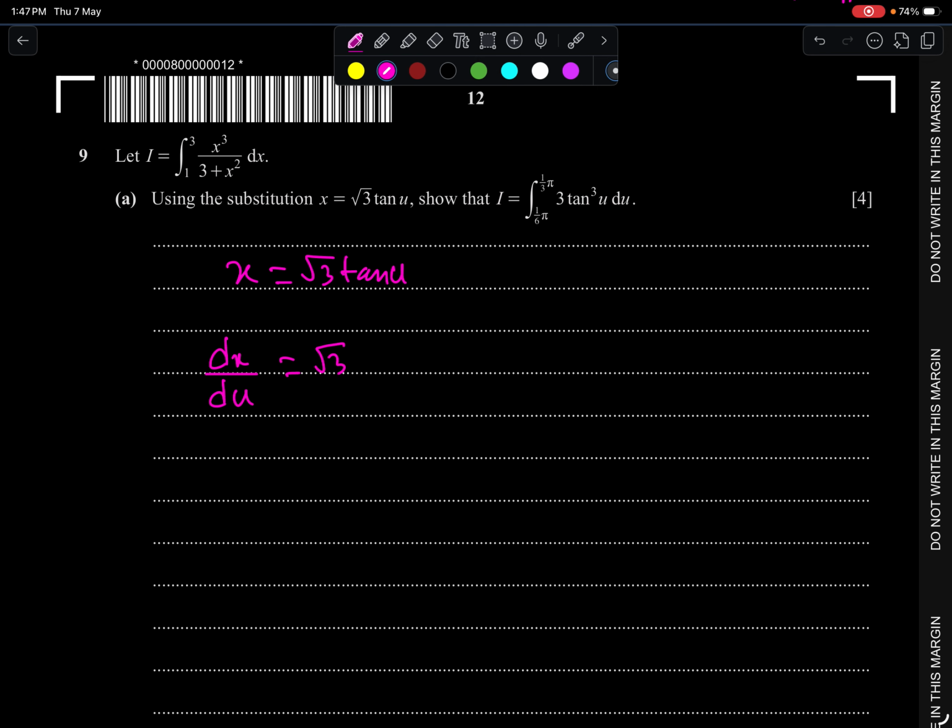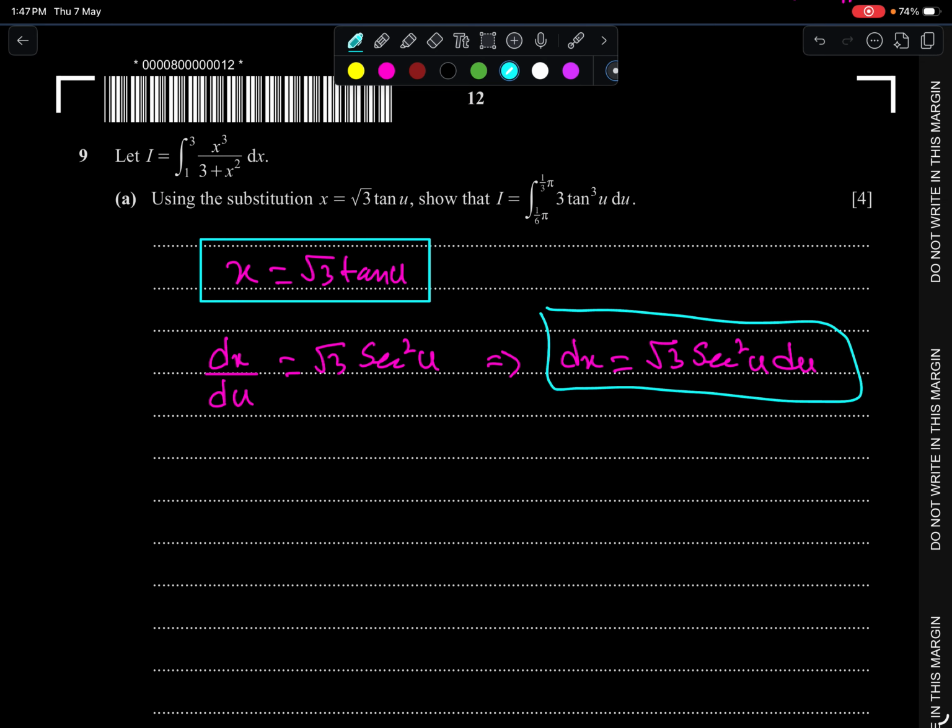The differential of tan is sec square u. Now get dx. Therefore, dx is under root 3 sec square u du. Box this dx. Now get the limits.